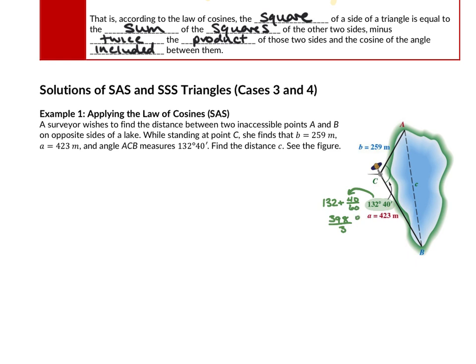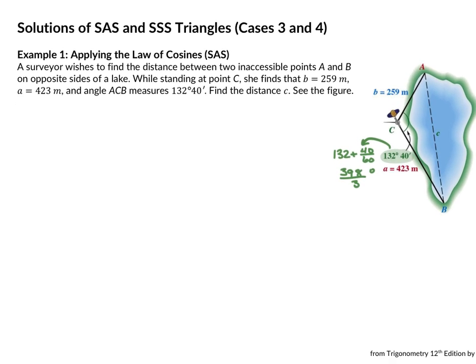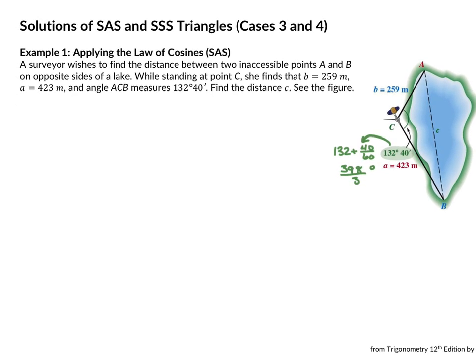Okay. What are we looking for in this problem? What does it tell me to find? Side c. So I'm looking at the 3 versions of the formula at the top of your paper, and we're going to use the version that is solved for side c.